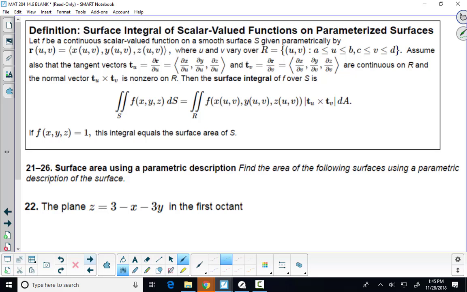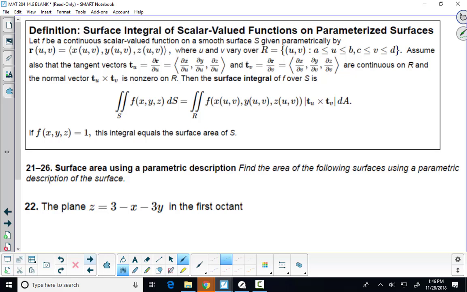Remember back with the line integrals, if we integrate a regular function, we take the length. If we integrate a field, we don't take the length. We're going to do the same thing here. When we integrate a function, we take the length of the normal vector. When we integrate a field, we won't take the length, because we'll want the field to dot with that normal vector.